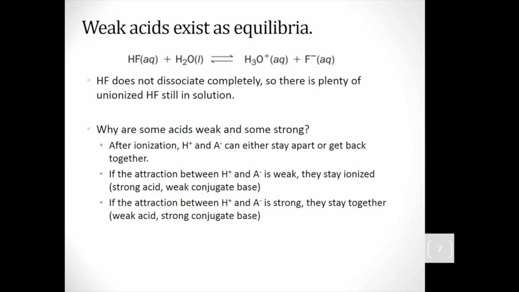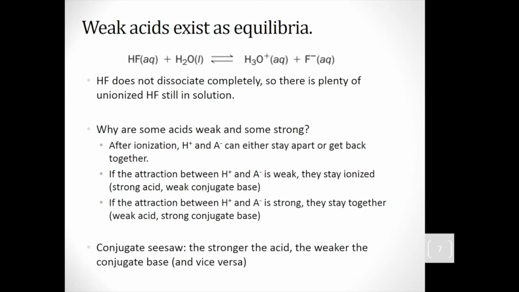Now, these are very general descriptions of strong and weak, which I realize is maybe unfair because we're defining strong acids as 100% ionized and weak acids as not 100% ionized. But there is still a scale of strength. So within this category of weak acids, some can be stronger than others.